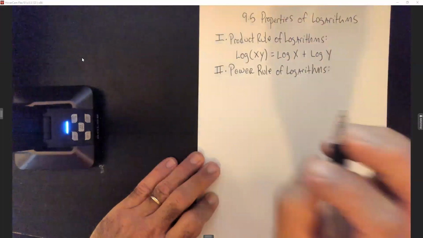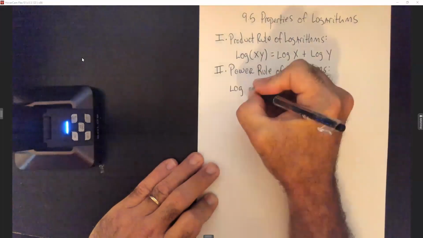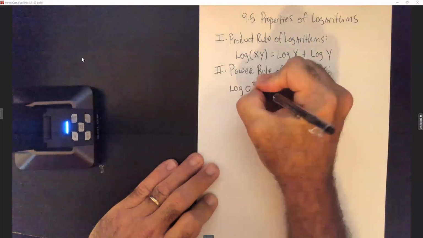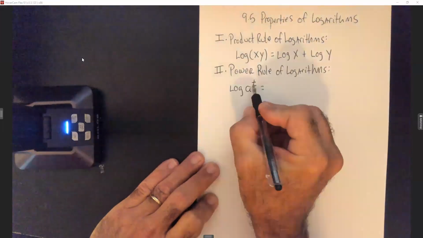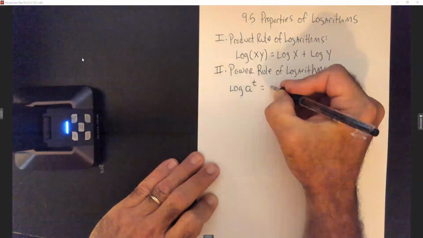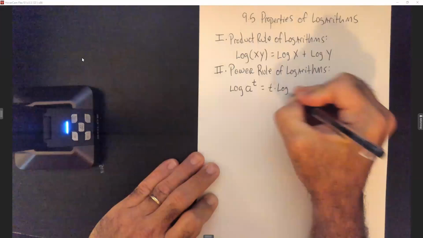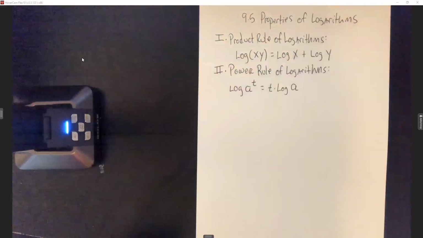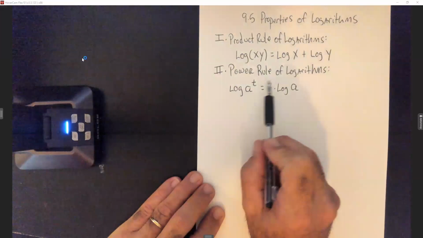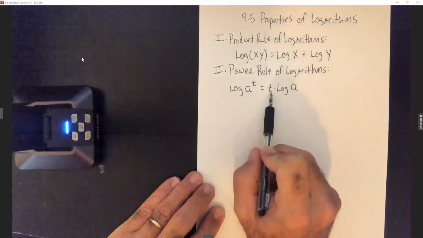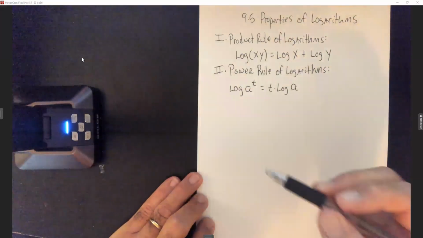So the power rule says if I have a log of a number raised to an exponent t, then I would take this t, bring it down to the front, and multiply by the log of a. So you basically bring the exponent down to the front and rewrite it as a product. You're multiplying exponents, basically, on that one.